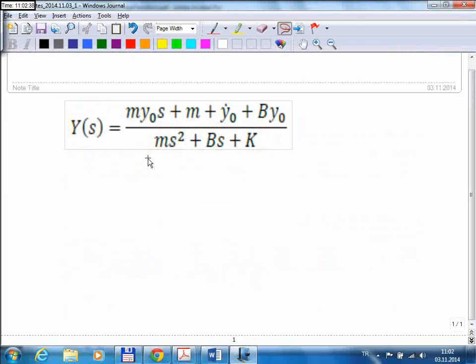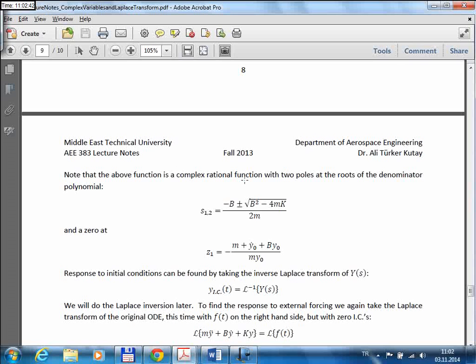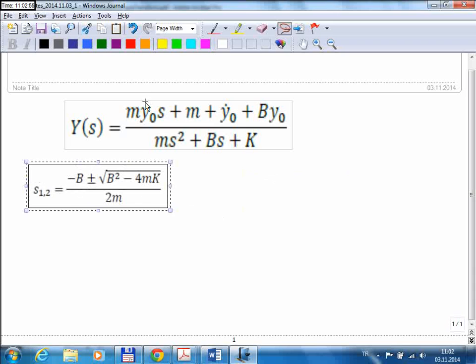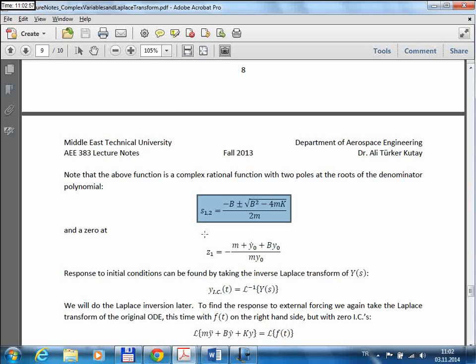A second order polynomial has two such points, has two roots, and those roots are given here. So Y(s) has two poles, which are these two numbers, and since the numerator is a first order polynomial, there is just one root, and we call the root of numerator a zero. It has one zero that is located here.